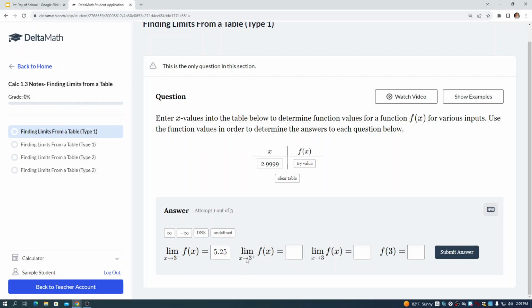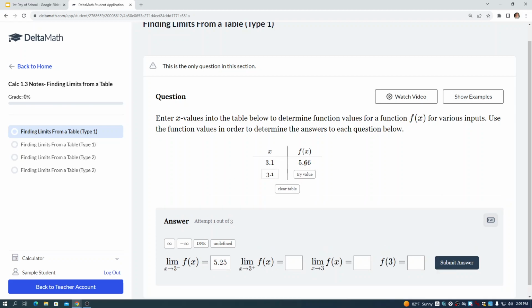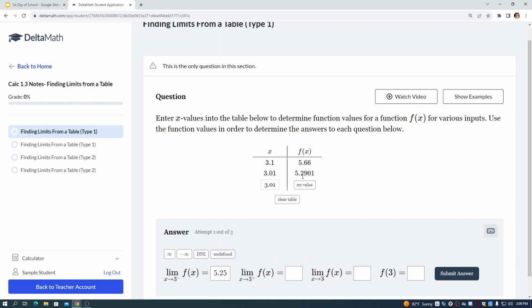So now I want to find 3 from the right. So again, picture the number 3. What's a tenth to the right of 3? Well, we want to be a tenth bigger, so that would be 3.1. And we get that. Well, then we want to get closer and closer. We don't want to keep adding 1s. We actually want to have 3.01. So now this is 100th away. And try that.